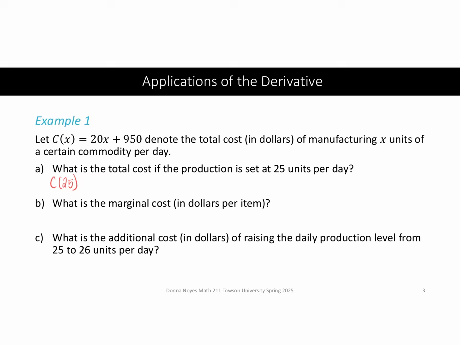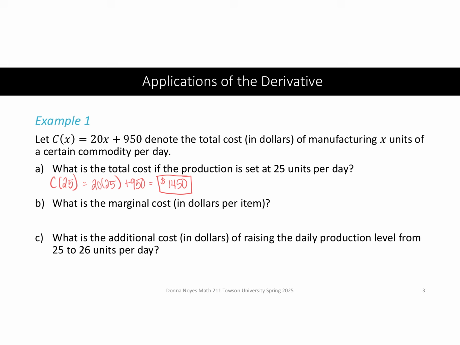So legitimately, all we have to do is just plug in 25 for X. So let's just find C of 25, which would be 20 times 25 plus 950. Or if we added all that up, it would be 1450. So $1,450.